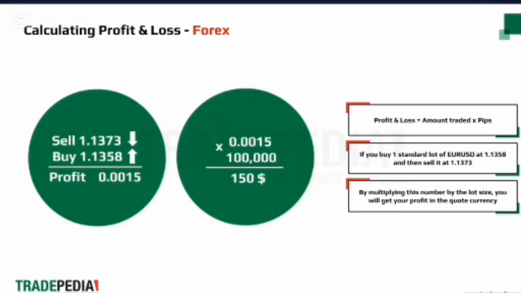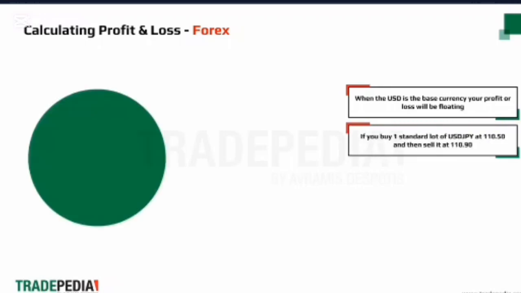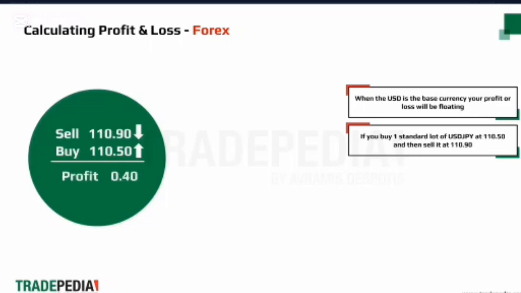When the US dollar is the base currency, your profit or loss will be floating. If you buy one standard lot, US dollar against Japanese yen, at 110.50, and sell it back when it reaches 110.90, you will earn 0.40, or 40 pips.